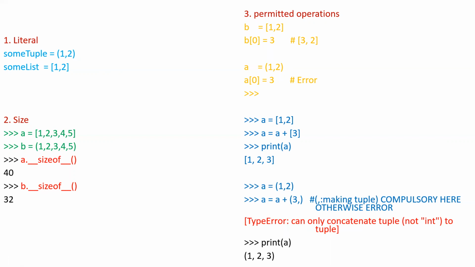So for making the tuple, I have to use the comma just after that one. Now the system is treating the whole thing as the tuple, and now you can perform tuple to tuple operation. My point is that you can only concatenate tuple to tuple. Tuple to tuple is possible, but tuple to int is not possible. Got my point? So remember that.